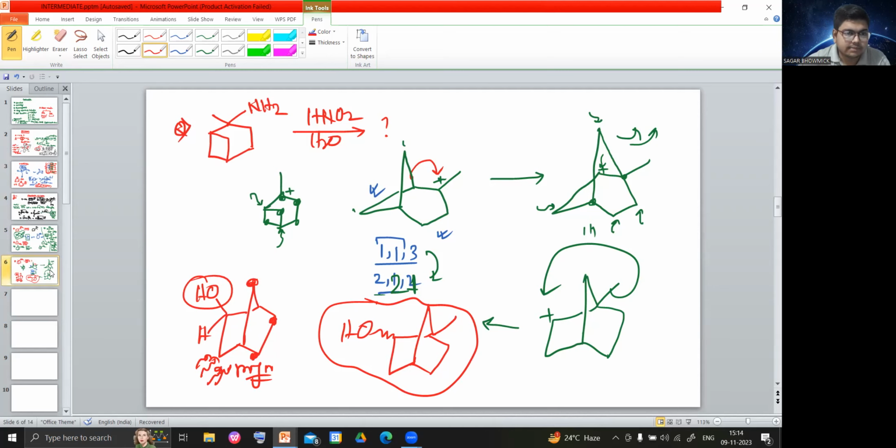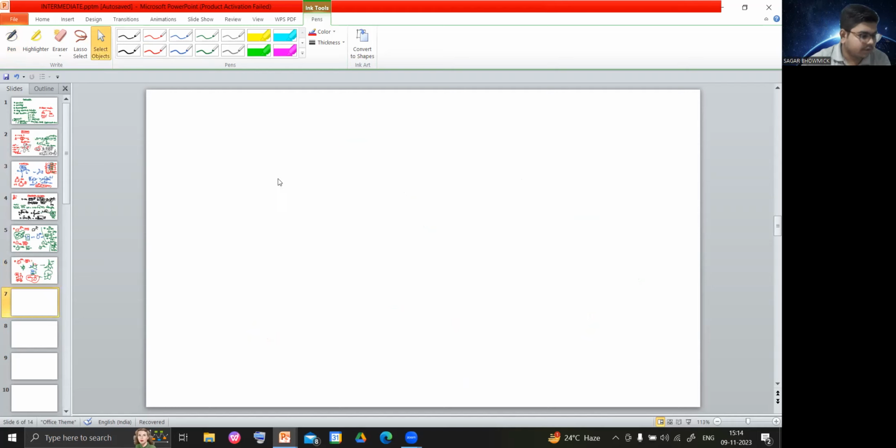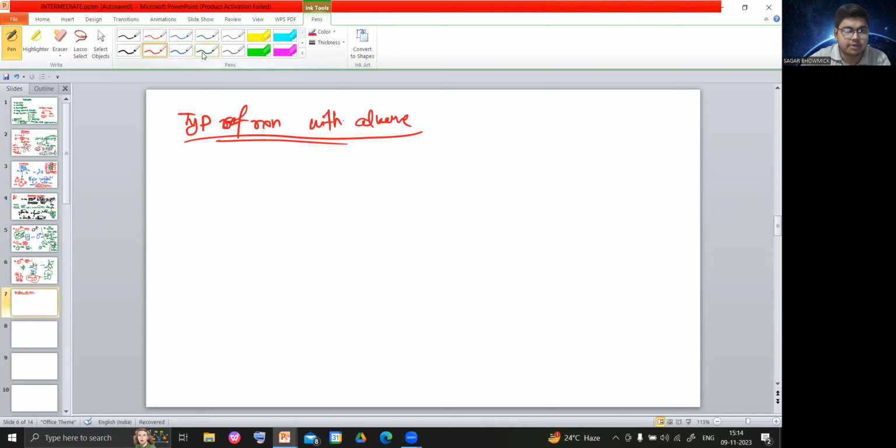After this, we are going to look at different types of reactions with alkene. Now we are entering into the reaction part, the actual reaction part.